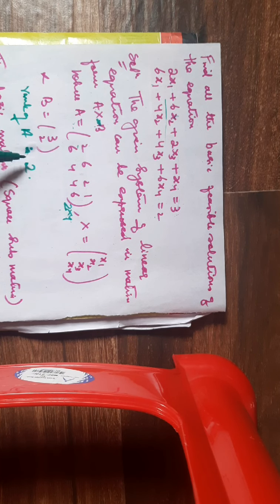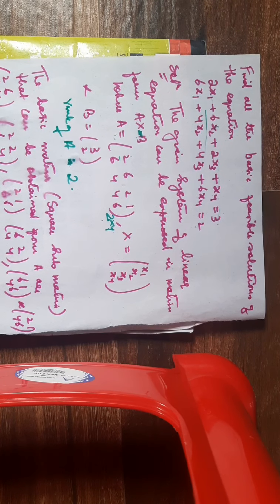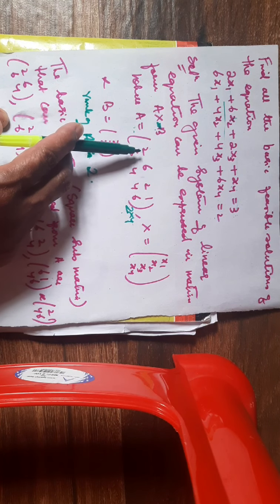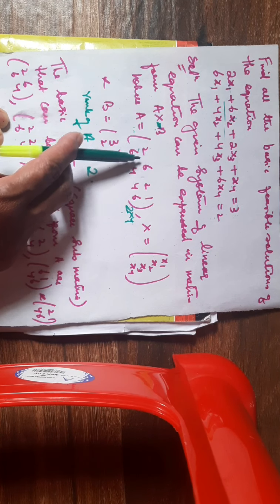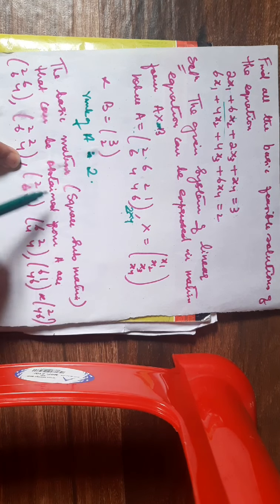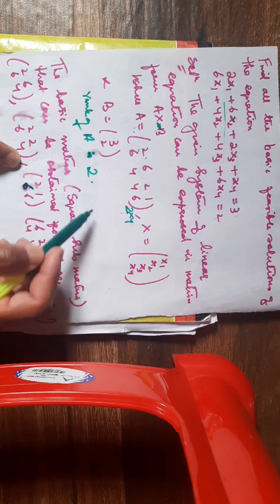So the first one you can consider is by taking the first column and the second column, that is 2, 6 and 6, 4. The next one is by taking the first column and the third column, so it will be 2, 6, 2, 4. The next one is the first column and the last column, so it will be 2, 6, 1, 6.